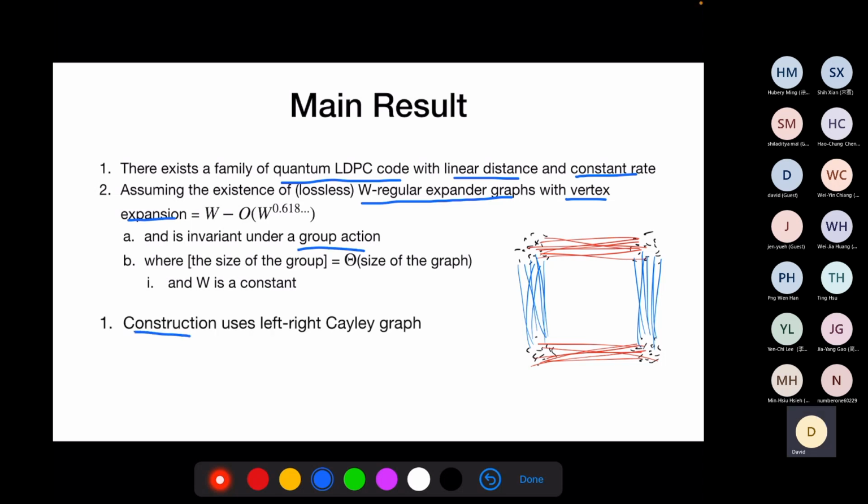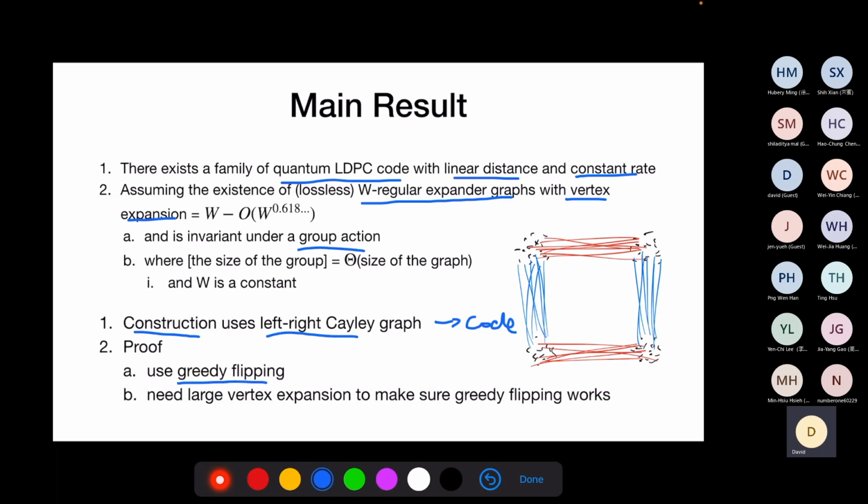The way we show that is that we first construct the left-right Cayley graph. Then we use the graph to construct the code. To prove that this code has large distance, we use a greedy flipping algorithm. And then we need to show that the greedy flipping algorithm always works, and here we need a large vertex expansion to make sure this happens.